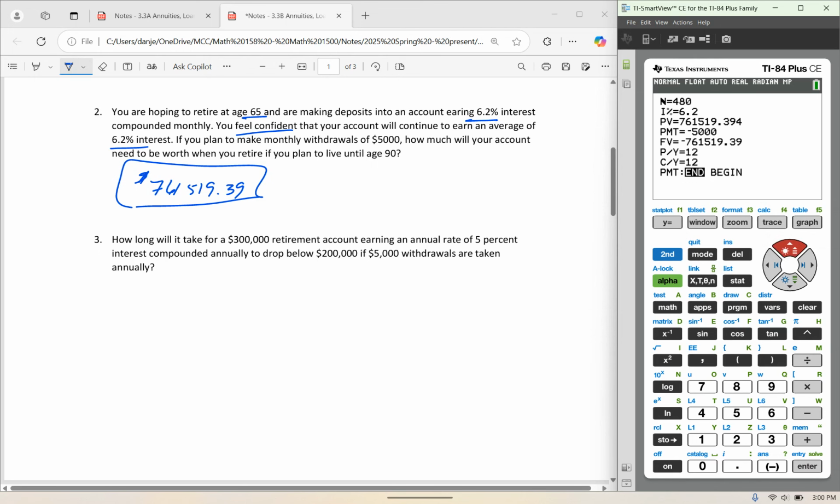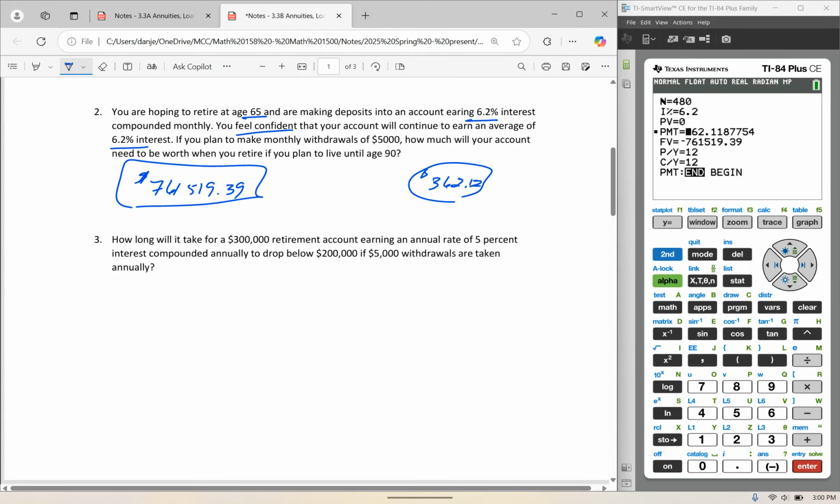And then if I'm starting with $0 at the age of 25, what would my payments need to be? If I make payments of $362.12 into that account for 40 years, I'll have that $750,000 and be able to withdraw that out. More than this question asked for, but a little bit of extra thought is always good when it comes to investing.